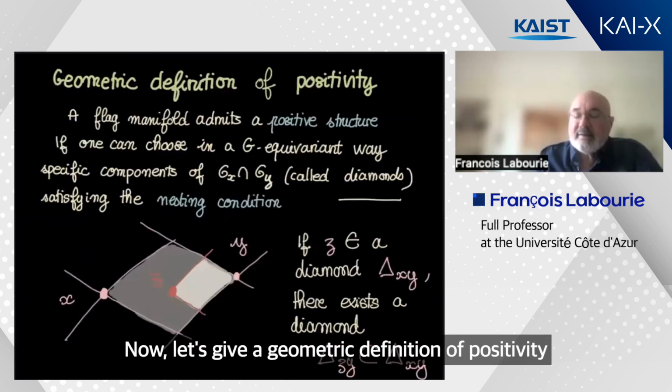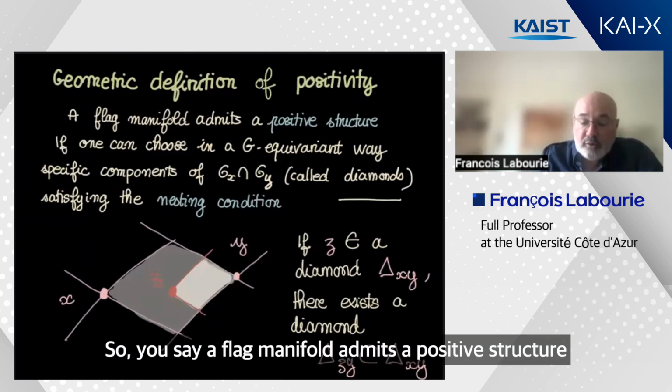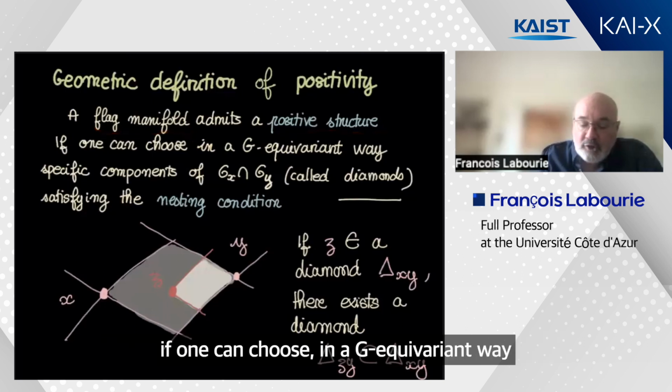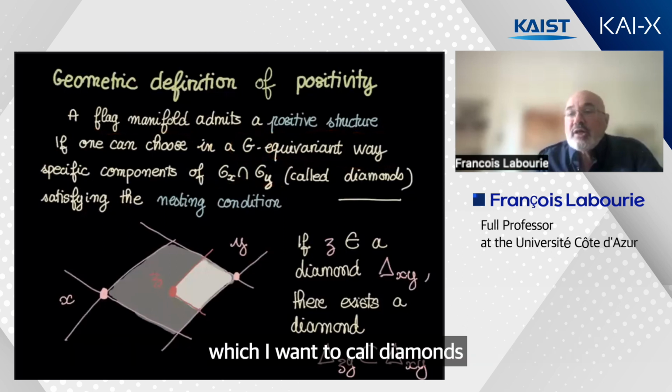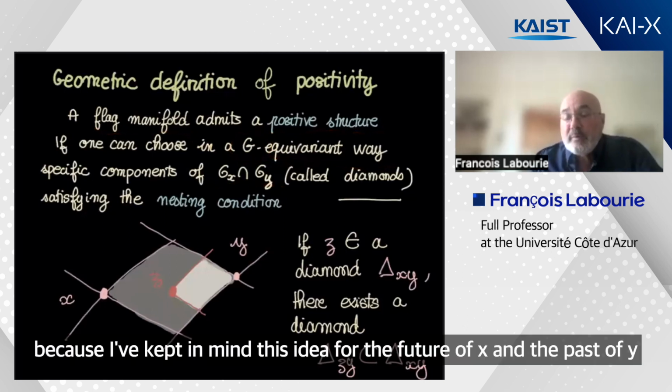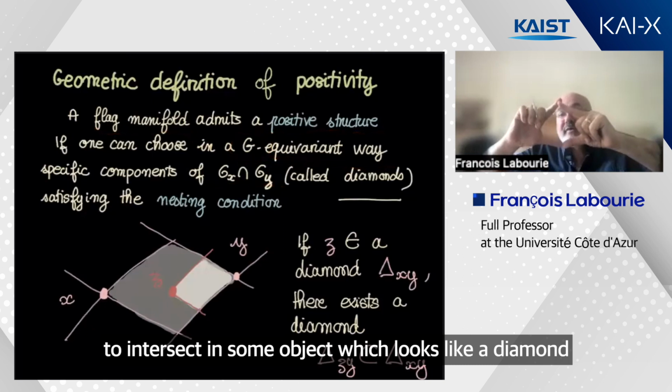Now, let's give a geometric definition of positivity. A flag manifold admits a positive structure if one can choose in a G-equivariant way specific components of the intersection of two Schubert cells, which I want to call diamonds, because I keep in mind this idea of the future of x and the past of y intersecting in some object which looks like a diamond.